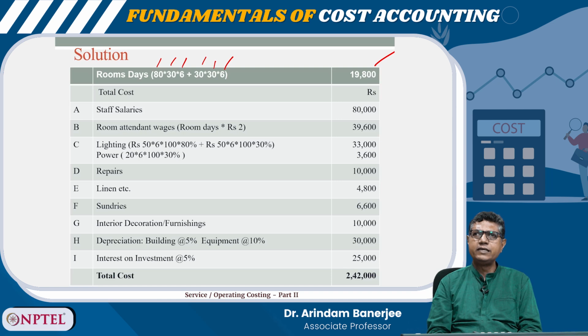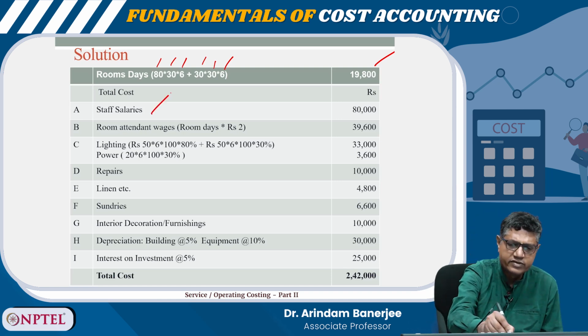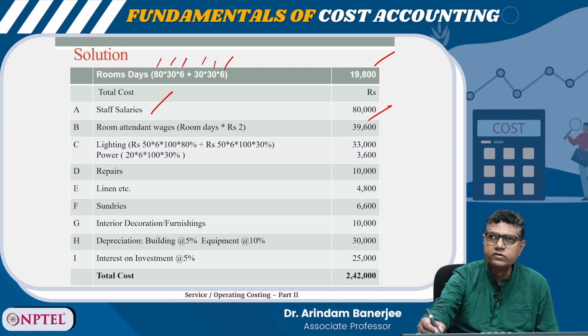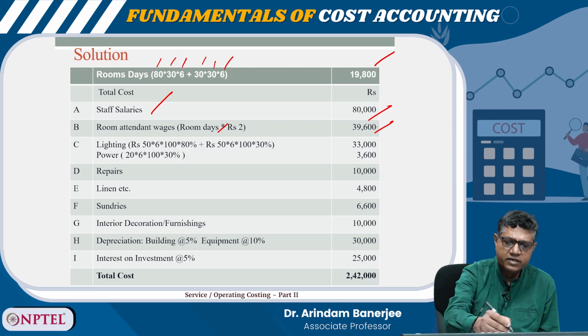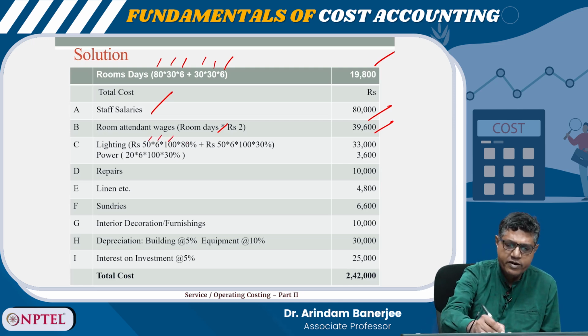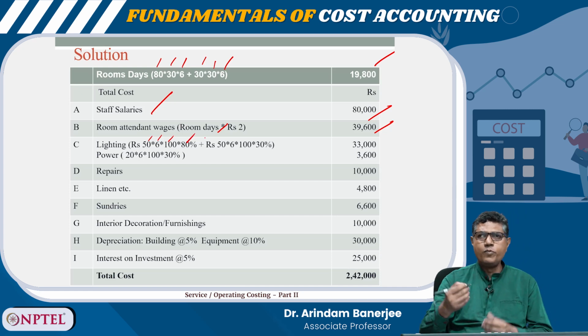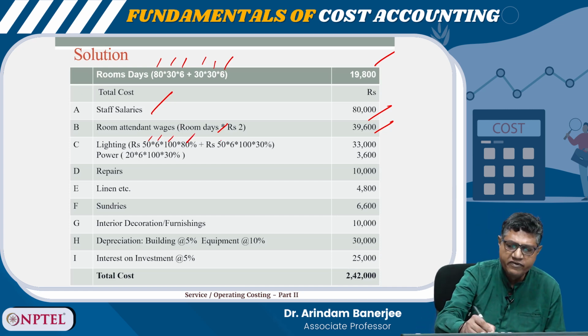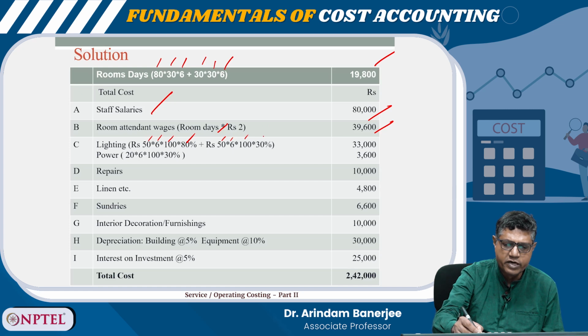Now, what are the salaries? First is of course staff salary, so it is 80,000. Room attendant wages 39,600. Lighting is 50 into 6 into 100 into 80%, because occupancy is 80%, and 50 into 6 into 100 into 30%.